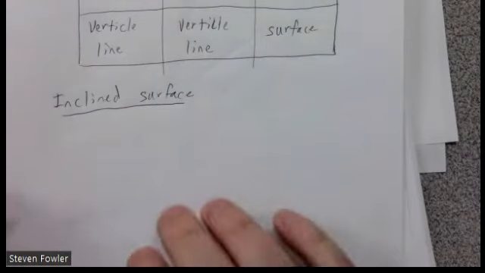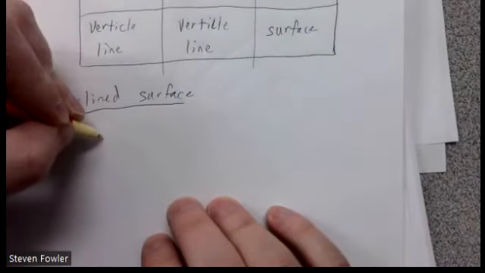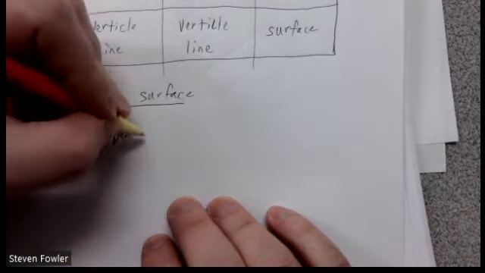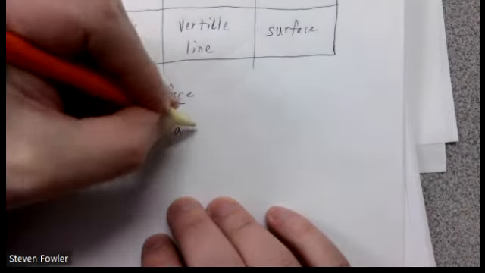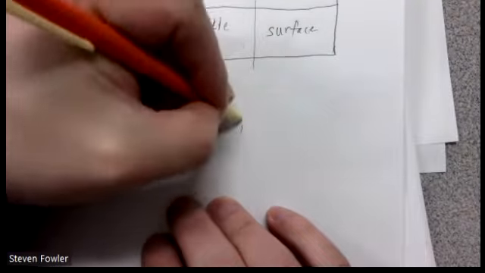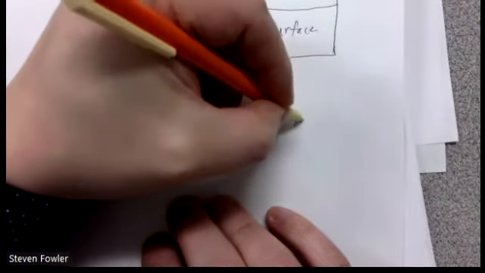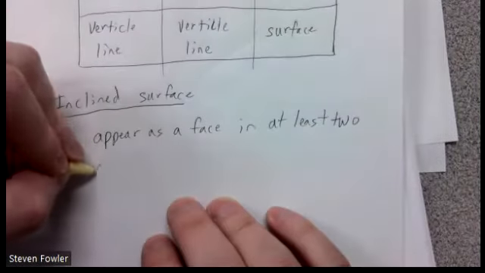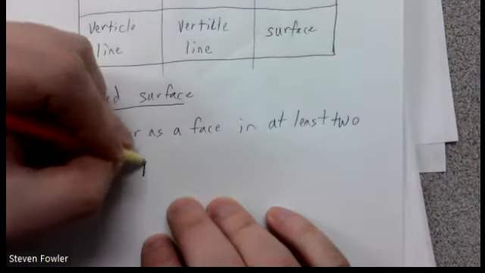An inclined surface will appear as a face in at least 2 orthographic projections.